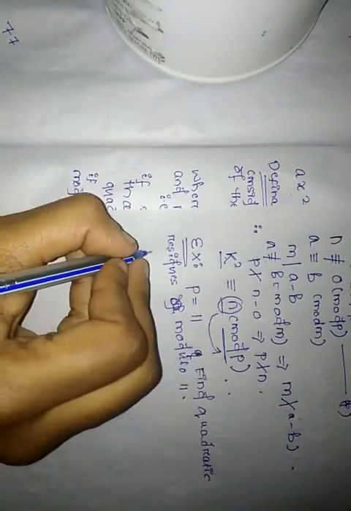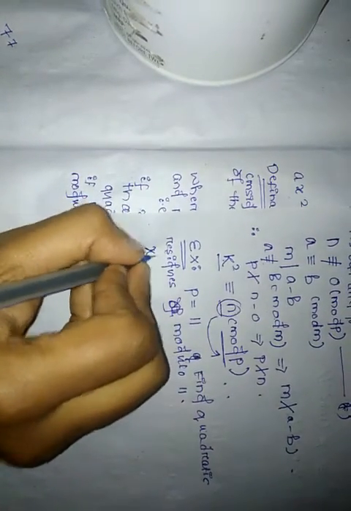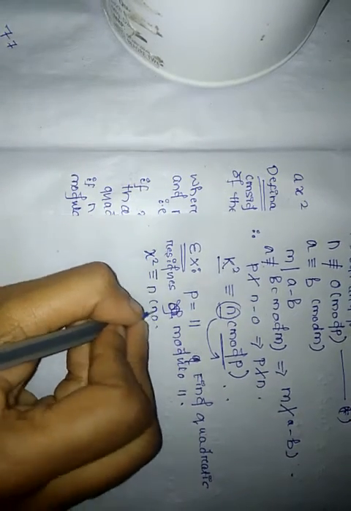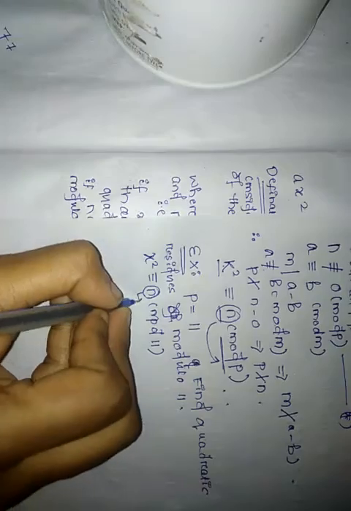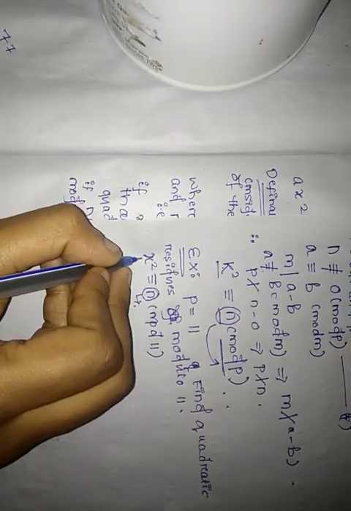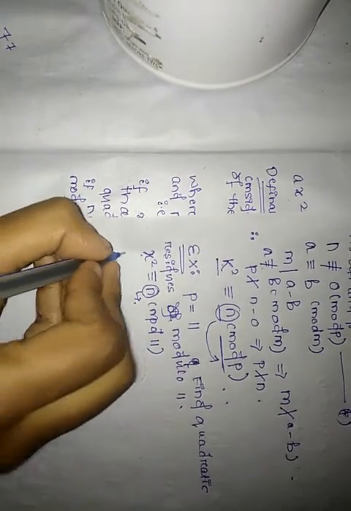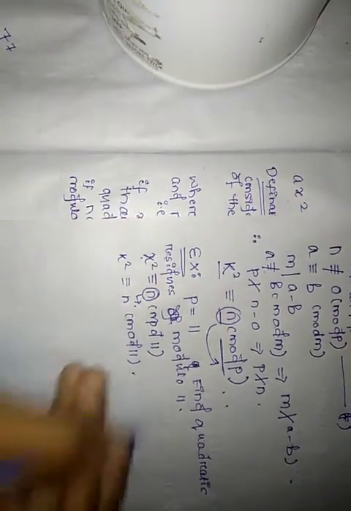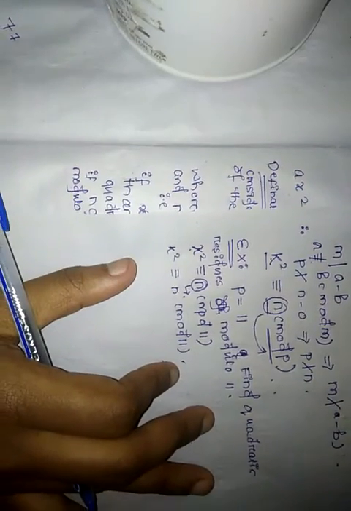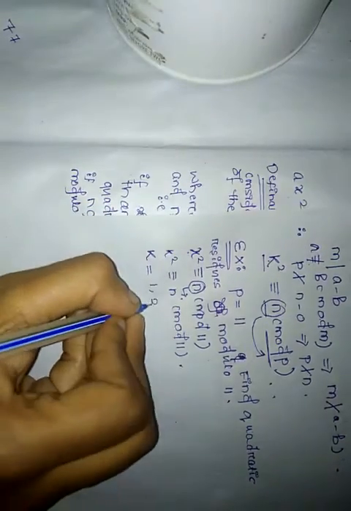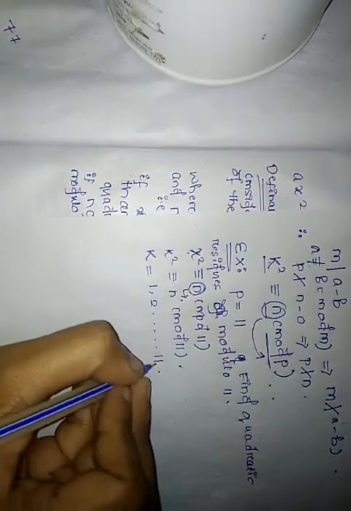We have to find this x² ≡ n (mod 11). So we need to find those integers n such that there exists some k which, when put in place of x, gives k² ≡ n (mod 11). For this we'll verify by taking k from 1 up to 10.